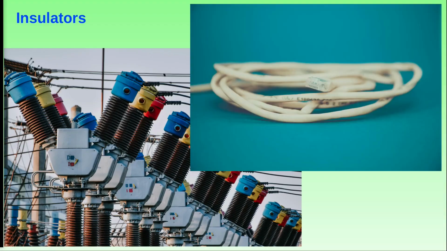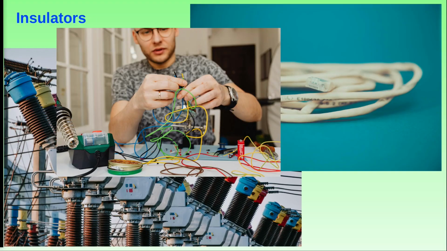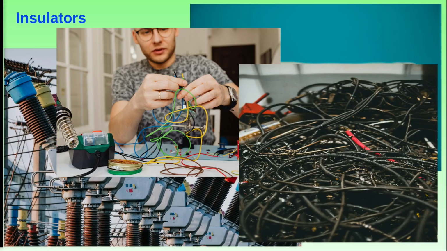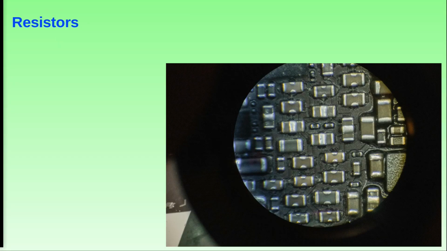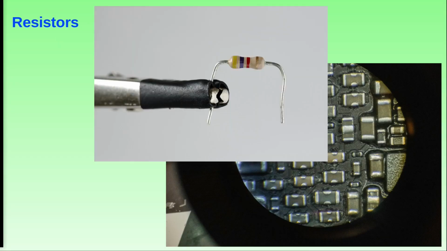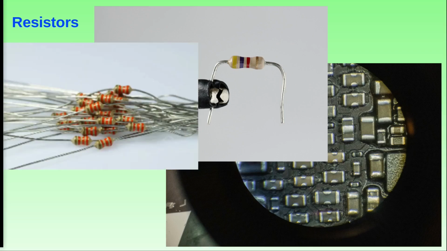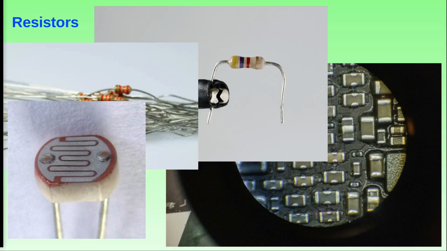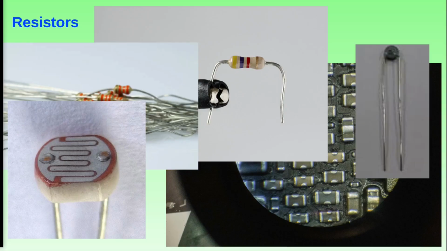They block the current flow, like for example with rubber or plastic. They have a very low conductivity, which translates in a very high resistance. In between these two categories, we have the resistors, which are capable of controlling the current flow. They lie in between the conductors and the insulators in terms of conductivity, having very specific values of resistances.